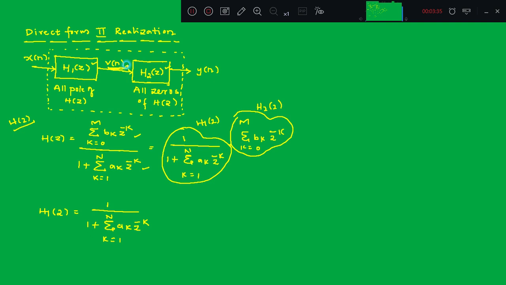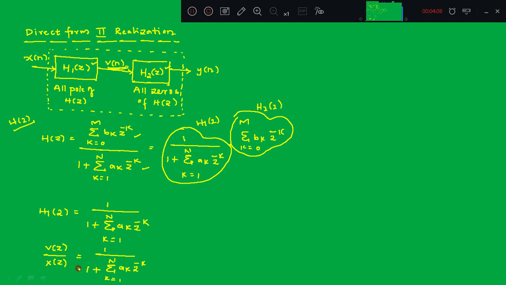The intermediate output v(n), and the input is x(n). So if the input is x(n) and the output is v(n), how can we write H1(z) in z transform? It is the z transform of the output, that is V(z), divided by the z transform of the input X(z), which is equal to 1 divided by 1 plus summation k equals 1 to capital N a_k into z raised to minus k, right?